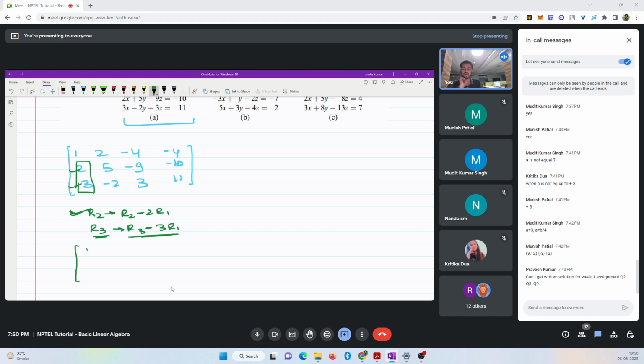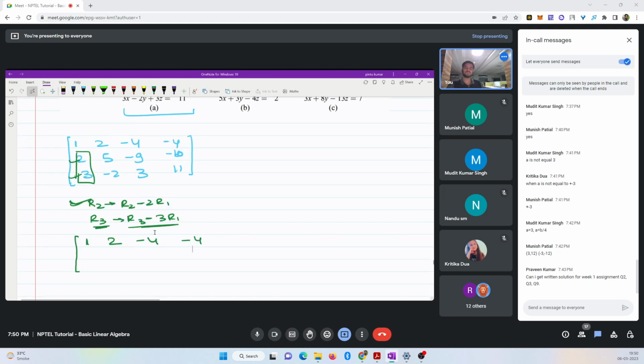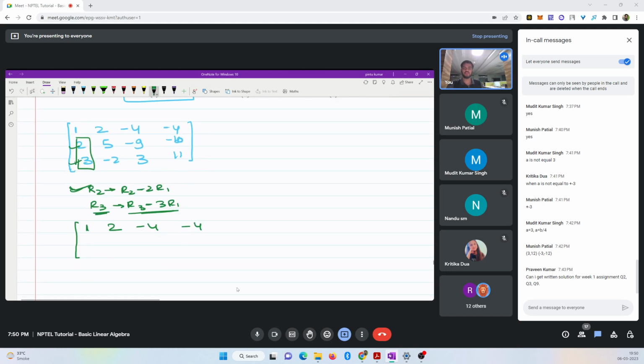So this will become 1, 2, -4. The first row remains intact. Second row becomes 0. If I multiply now, 2 by 2 is 4. This becomes 1. This becomes -1. This becomes -2. Third row is 0.